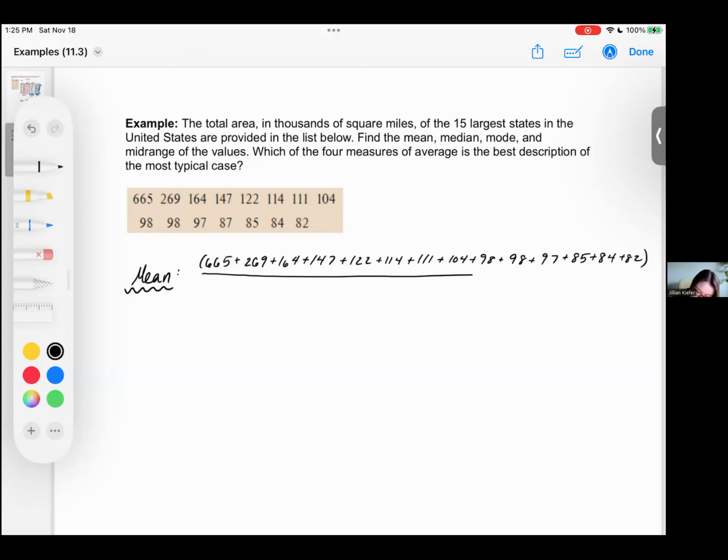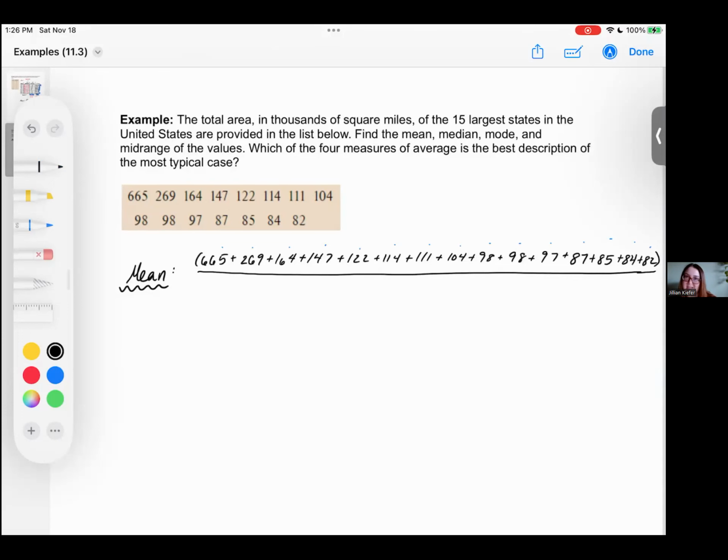So when we divide, we'll go ahead and divide by 1, 2, 3, 4, 5, 6, 7, 8, 9, 10, 11, 12, 13, 14. So it looks like we're going to divide here by 15, because I skipped over 87 on accident there. So there are 15 digits that we have in total. So we'll take all these numbers and we'll divide by 15.